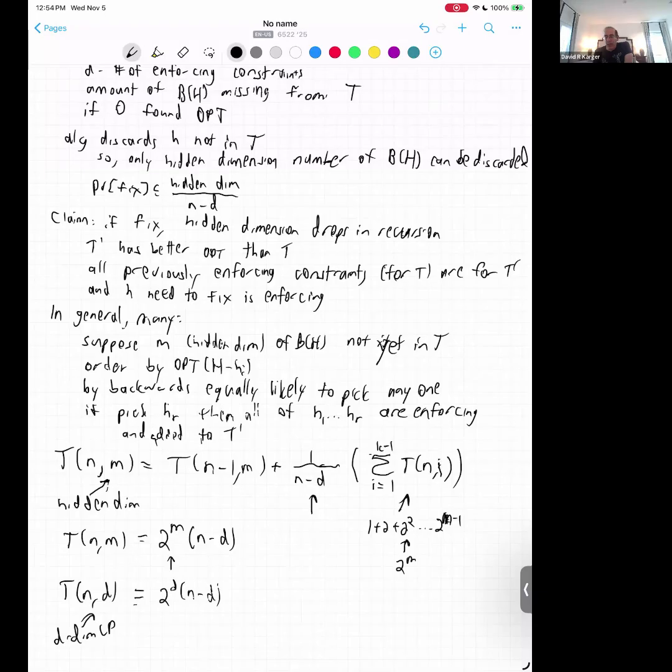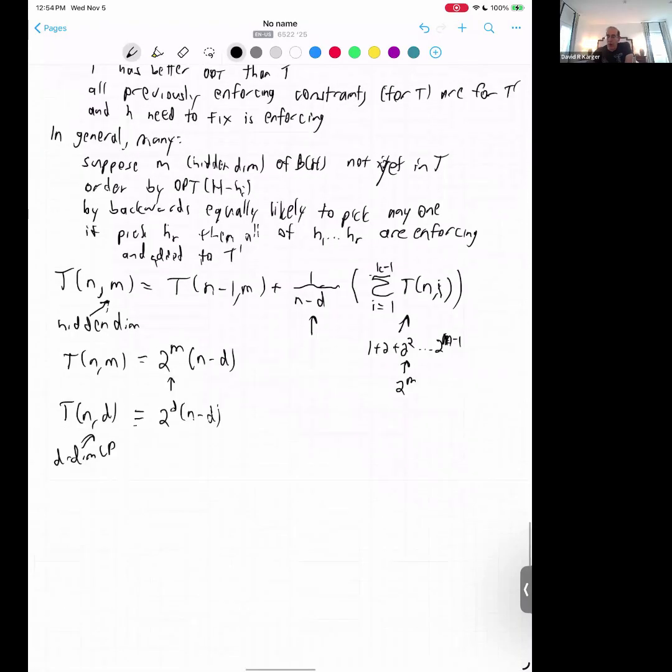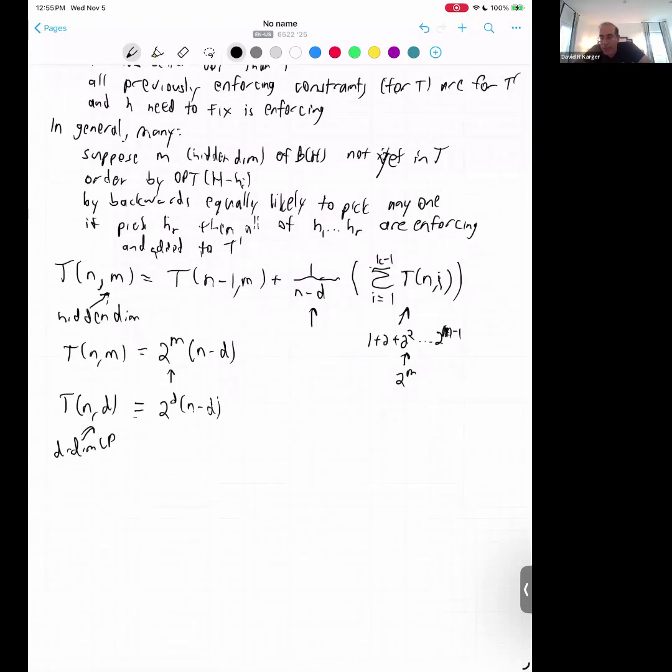Now, this seems like a lot of work for a small improvement, but it turns out that we can go yet farther. I'm not going to do that today, but I'm going to tell you where we are headed, which is we want a sub-exponential linear programming algorithm.